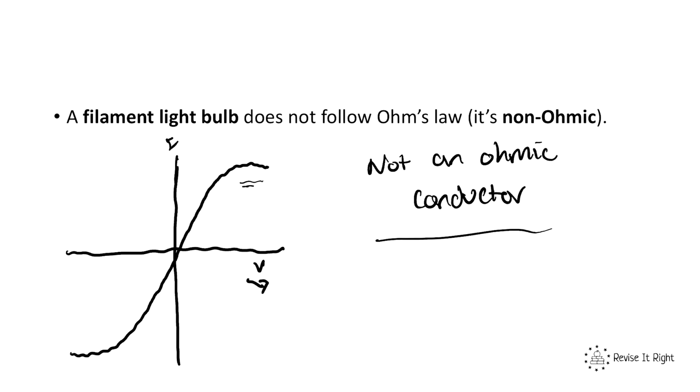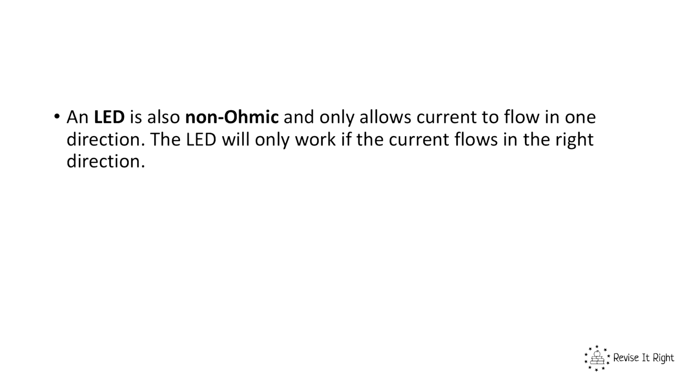So do remember the shape of this graph for a filament bulb, and do remember that it is not an ohmic conductor. Now, an LED is also a non-ohmic conductor and only allows current to flow in one direction. So the LED will only work if the current flows in the right direction.